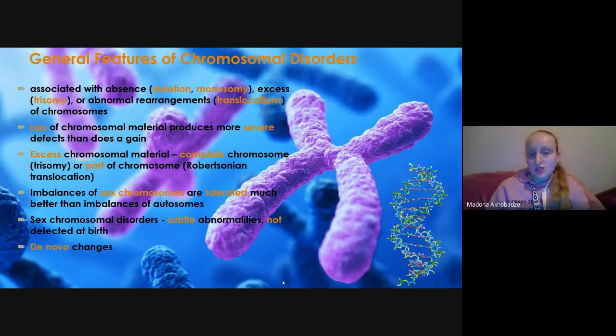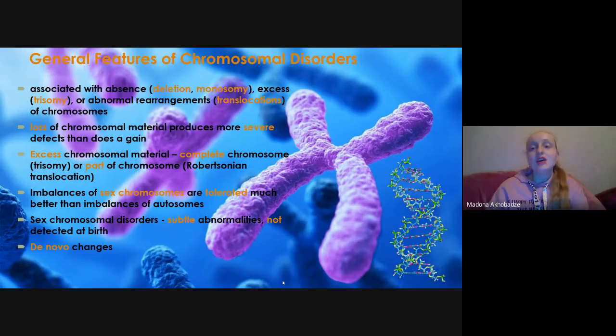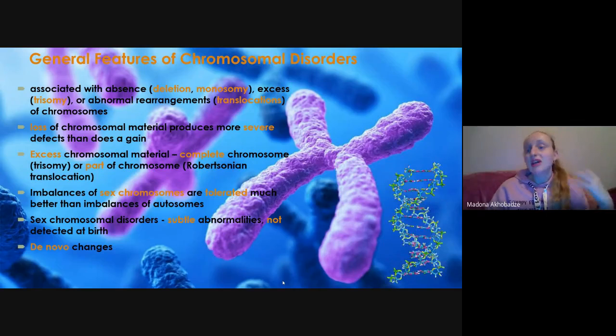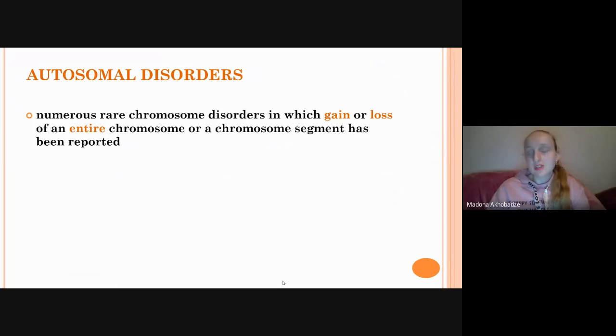Other than mutations, we've got de novo changes that are usually not inherited but appear newly, sporadic cases. So let's talk about the autosomal disorders first, and then let's discuss the sex chromosome disorders.